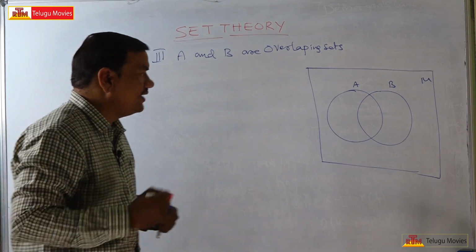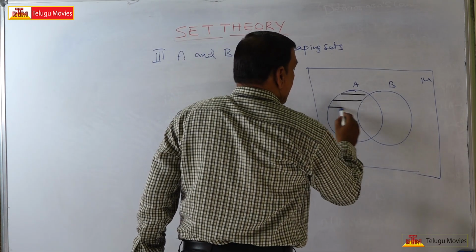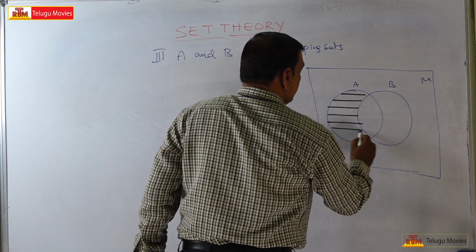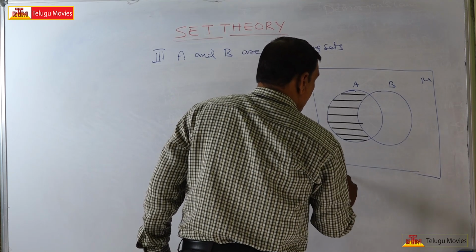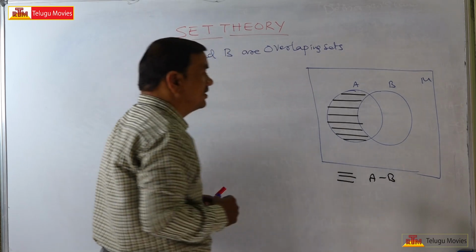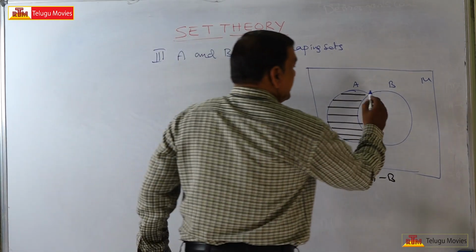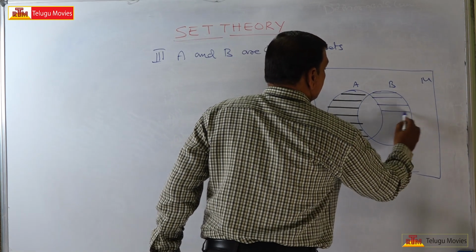So if you observe here, in the Venn diagram, what is this shaded part, black part? This shaded part is A minus B. Understand? What is this shaded part?